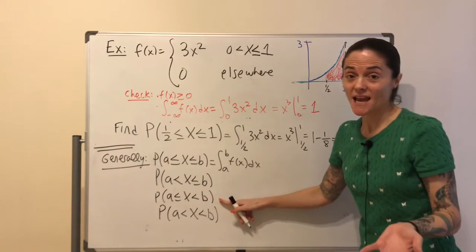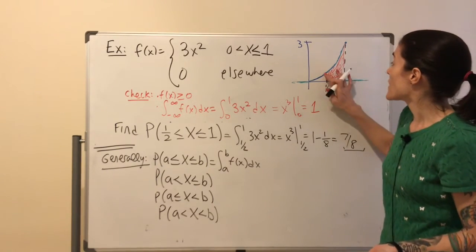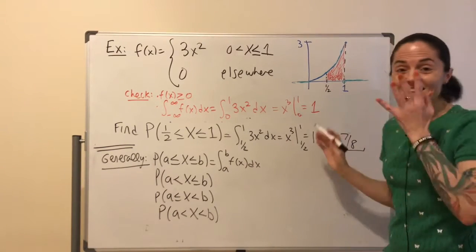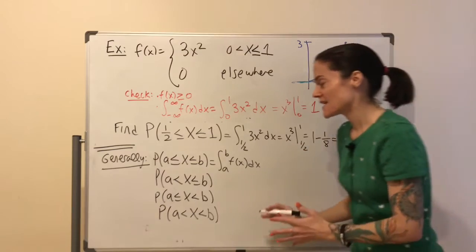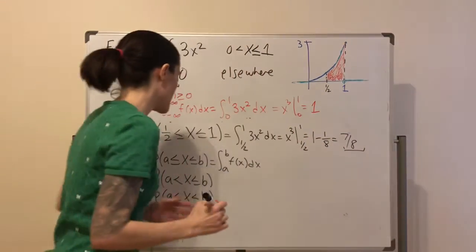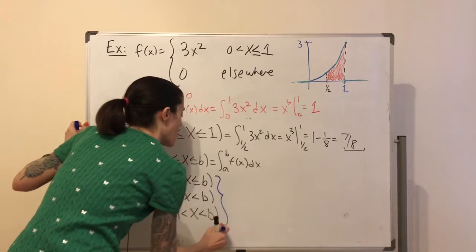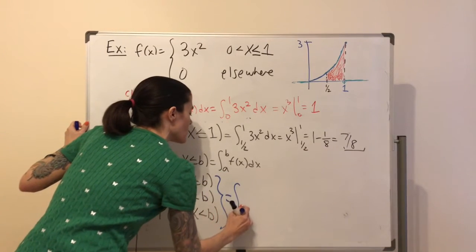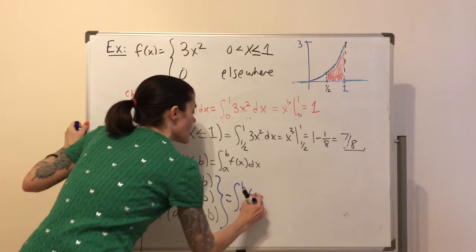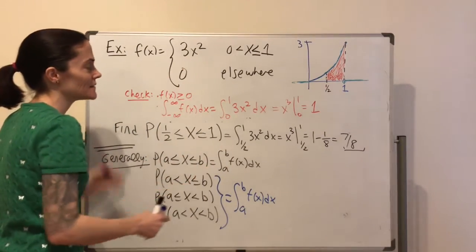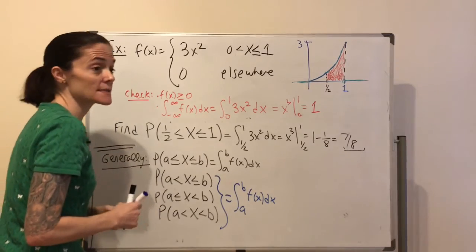The area doesn't change, right? Or if I put dotted here instead of solid, the area doesn't change. All of these are equal to this definite integral, the integral from a to b of f of x dx. You remove this one line out of an area, the area is not changing.